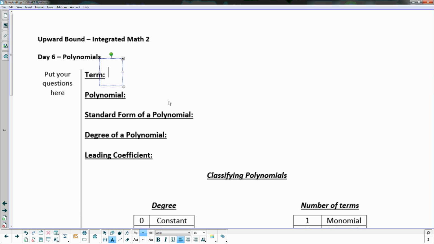For some definitions, we have a term, or we might say terms, are building blocks of polynomials.